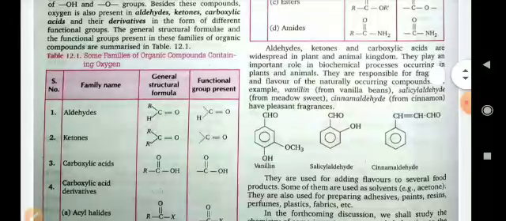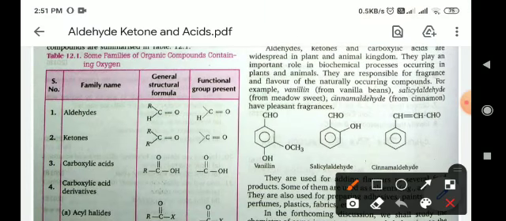So these were the carbonyl compounds, aldehydes, ketones and carboxylic acids, and these are the aliphatic ones, and these are basically the aromatic aldehydes and carboxylic acids. This is the formula in which there is an aldehyde group, and when a benzene ring and an alcoholic group are also present, it is commonly known as vanillin.